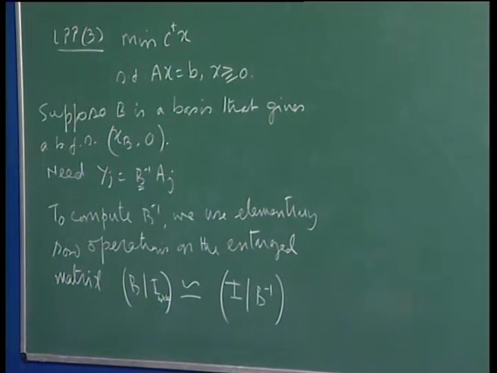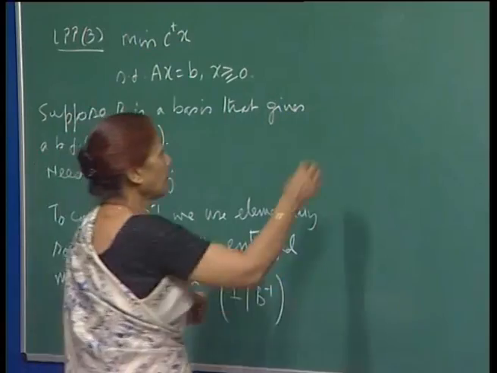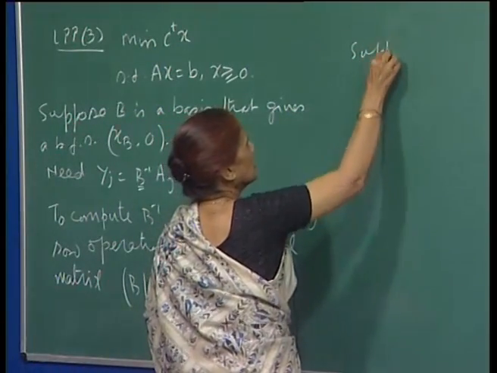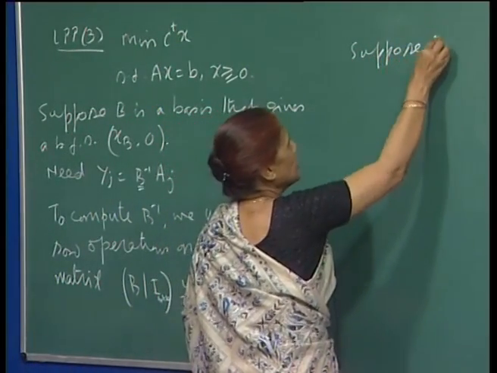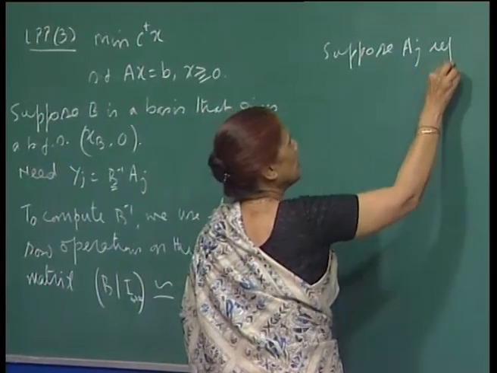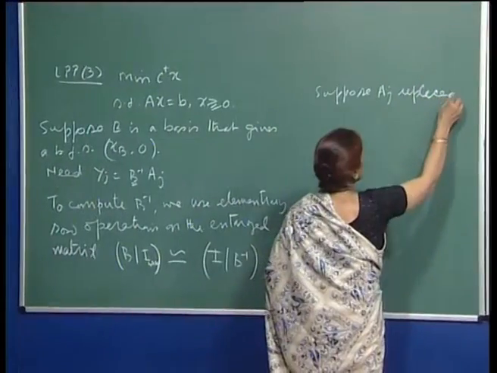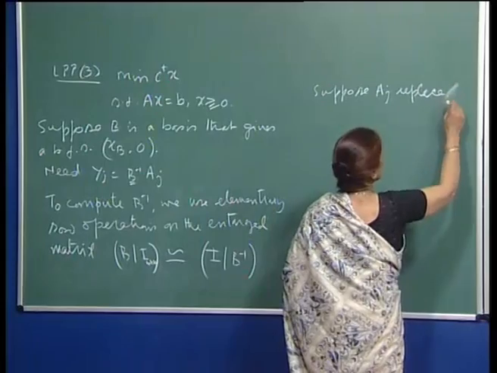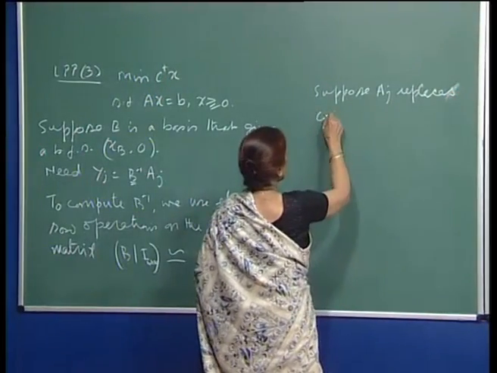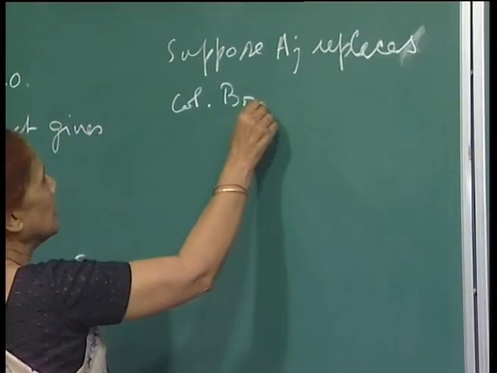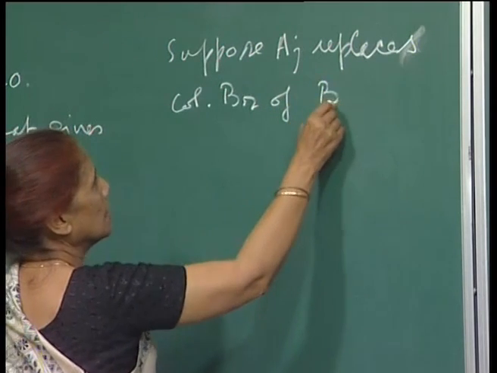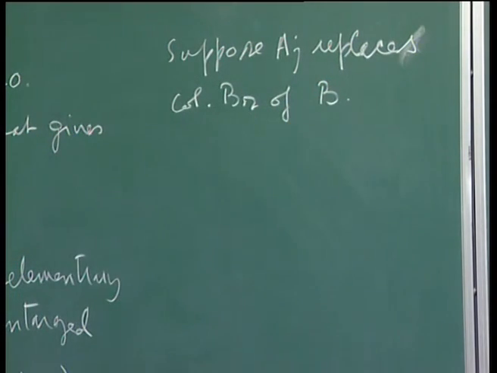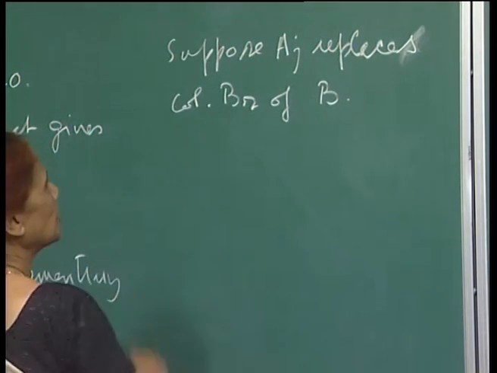Now, suppose A_j replaces column B_r of B. And I told you the rule for this, so that you get a basic feasible solution. We will revisit it again, but anyway, suppose it replaces this.